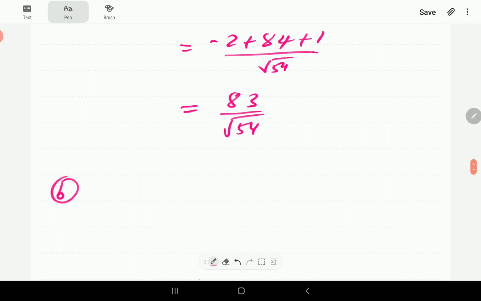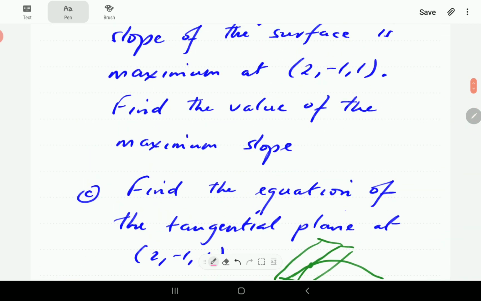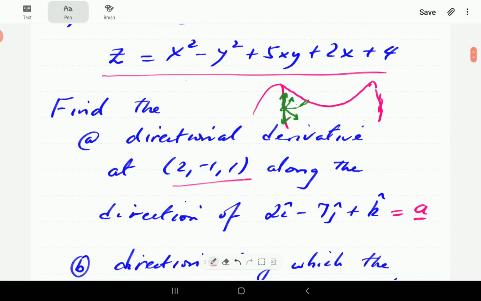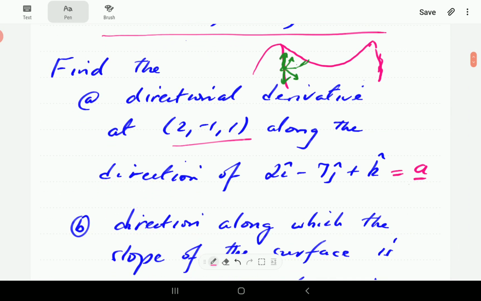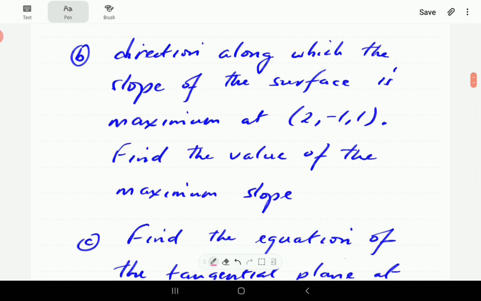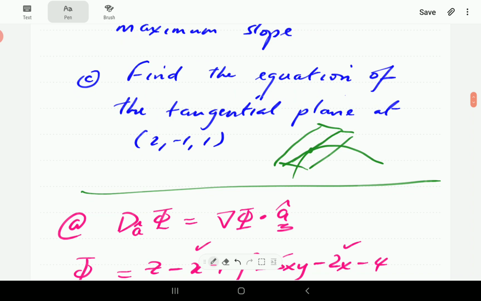And then in part B, we're looking for the direction along which the slope of this hyperbolic paraboloid is maximum at this point here. And from the theory of the gradient, that is always going to be along the direction of the gradient function.